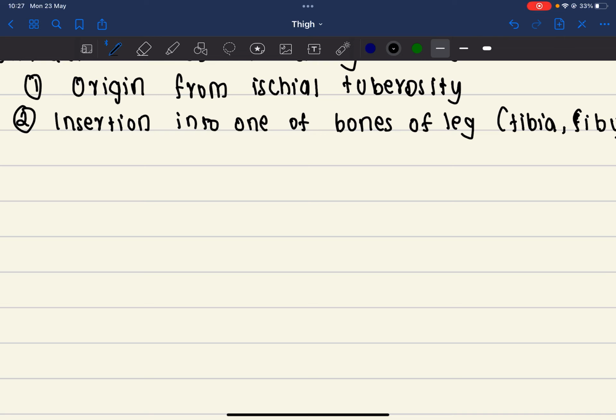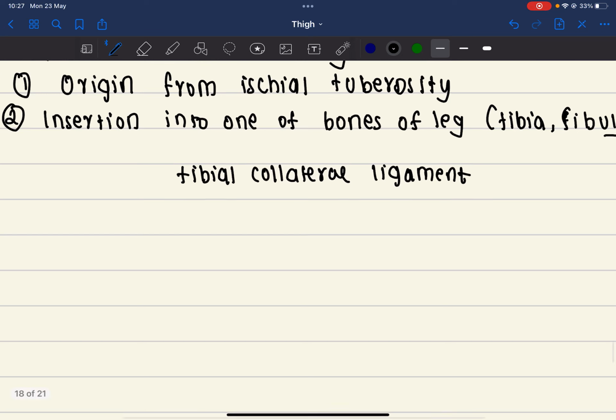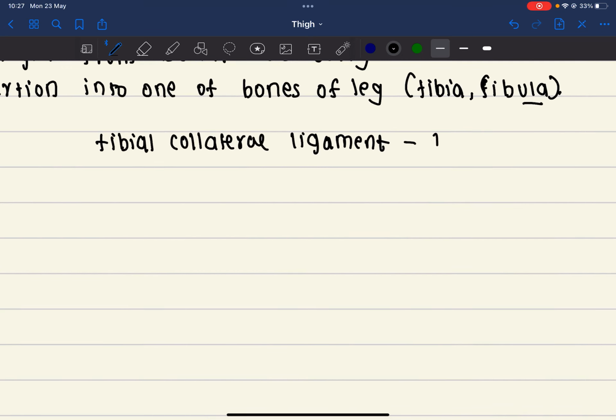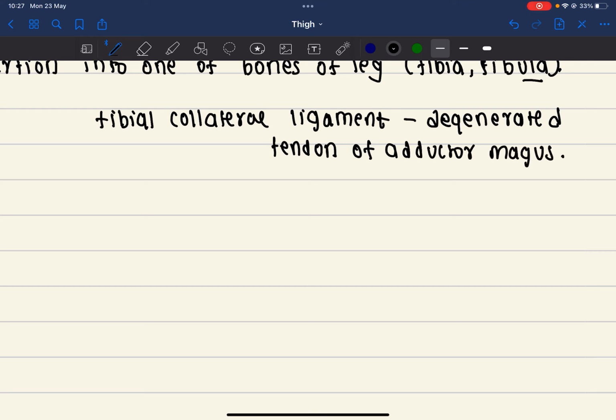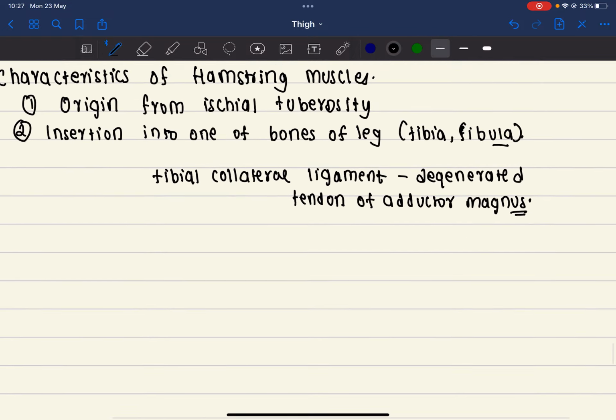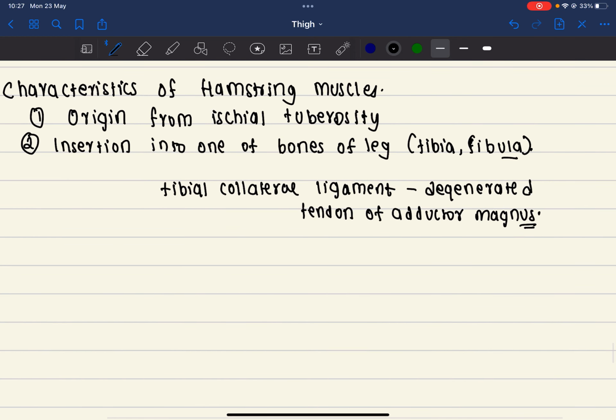किनभने यसको tibial collateral ligament भन्ने हुन्छ. The tibial collateral ligament is considered as the degenerated tendon of the adductor magnus muscle. र tibial collateral ligament it goes and inserts into the tibia from the femur.